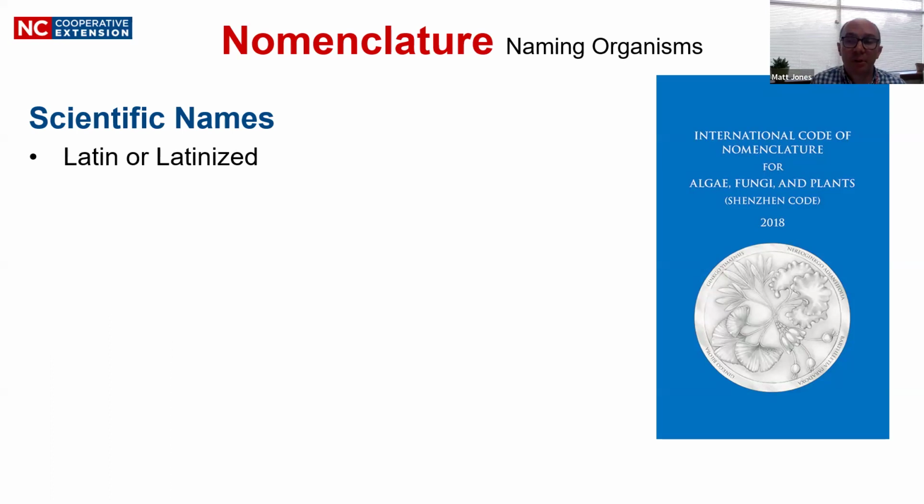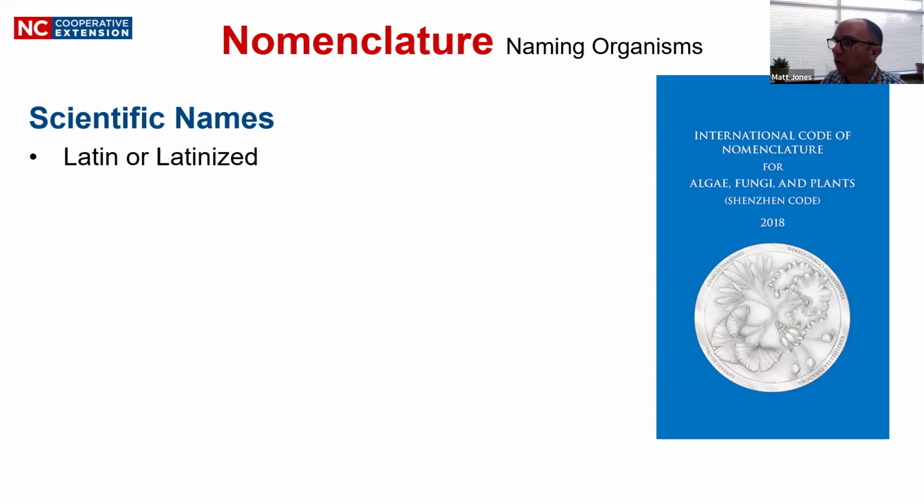Or say families need to be rearranged, because we understand more that the morphology was a little bit deceptive, and genetically these groups may not be as closely related as we thought. And then we might come across new data about when specific taxa were officially named. We discovered an old publication or another reference that would mean that priority would be given to an older name. So that's why names can change with time.